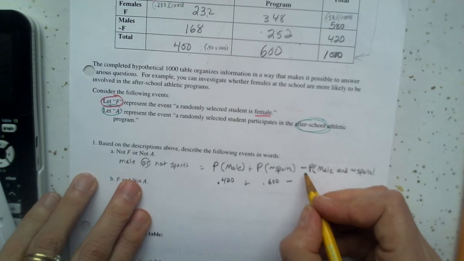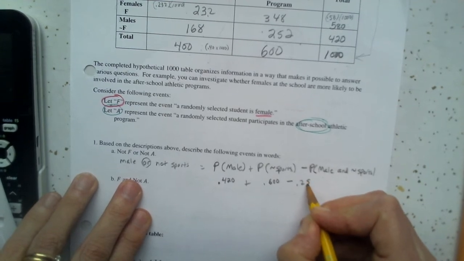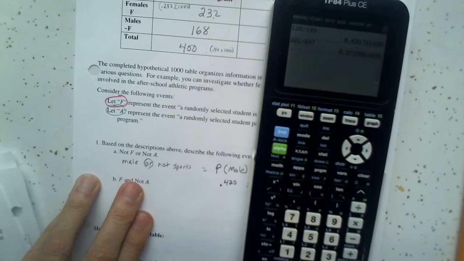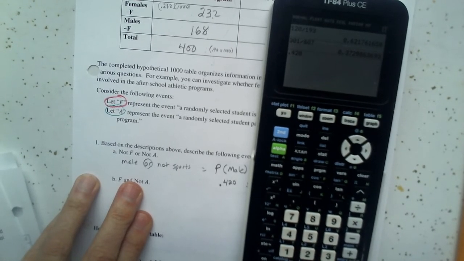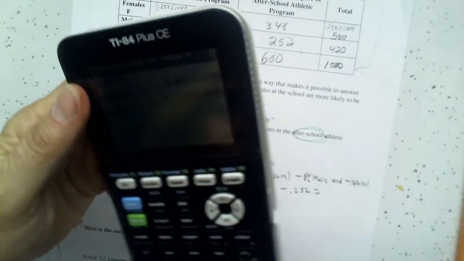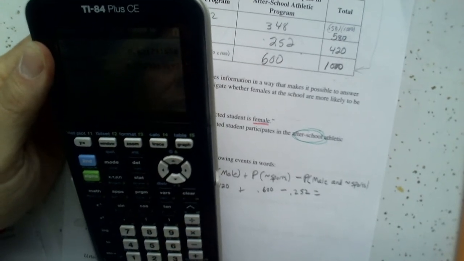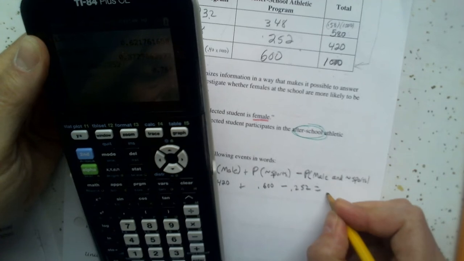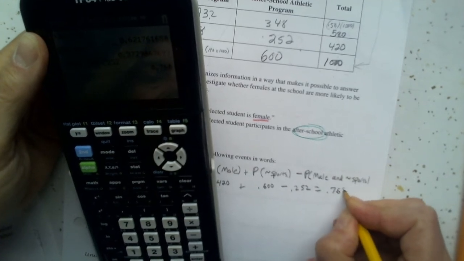So that would be 0.252. So take your calculator out. You are going to add up 0.420 plus 0.600 minus 0.252, and we have a probability of 0.768.